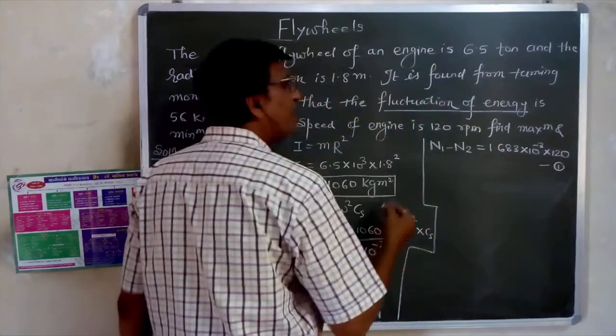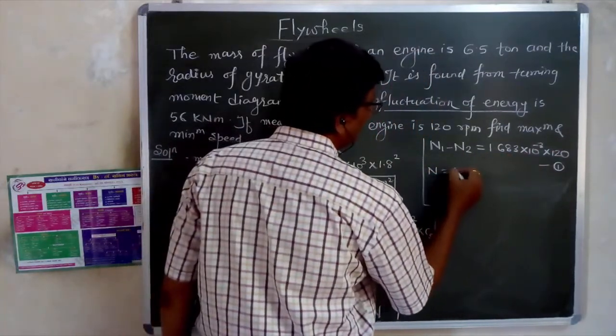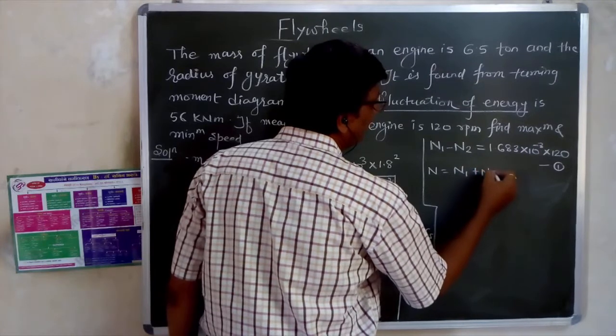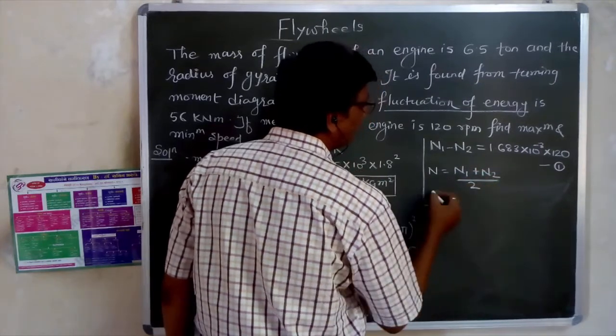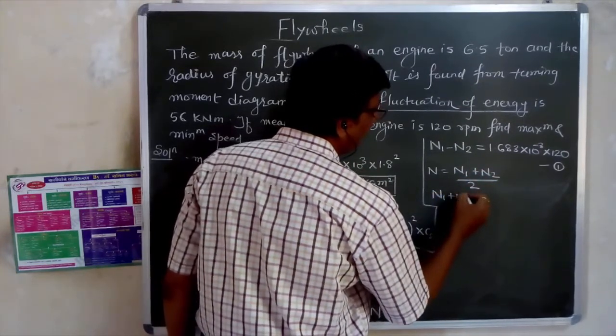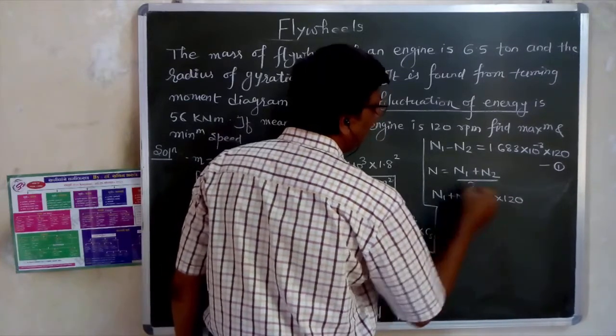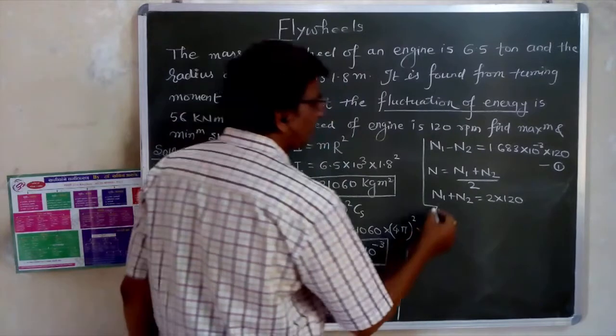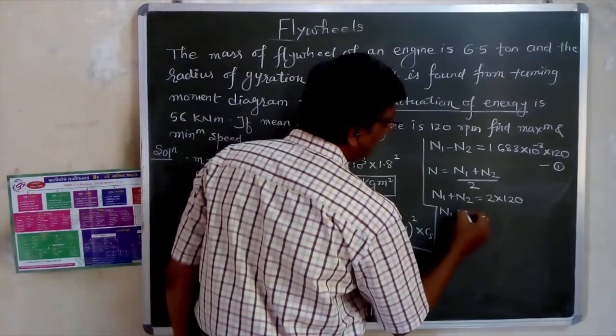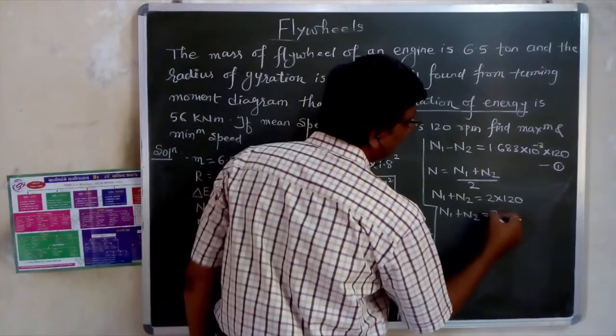Now you go for N is equal to N1 plus N2 by 2. So N1 plus N2 is equal to 2 into N, that is 240.